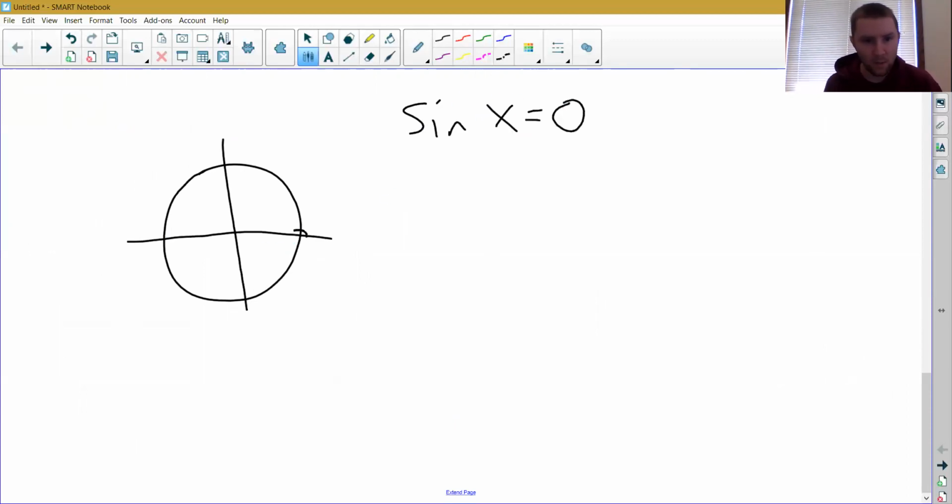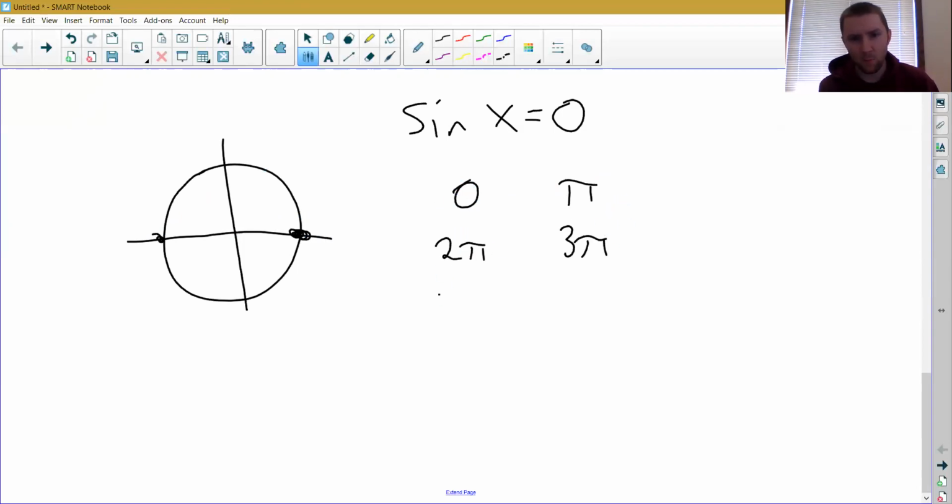Okay, so remember we talked about that being here and here at 0 and pi, right? 0 and pi. And then if I were to keep going around and around the circle and list out more of my solutions here, remember that if I add 2 pi to this one, I get 2 pi. And if I add 2 pi to this one, I get 3 pi.